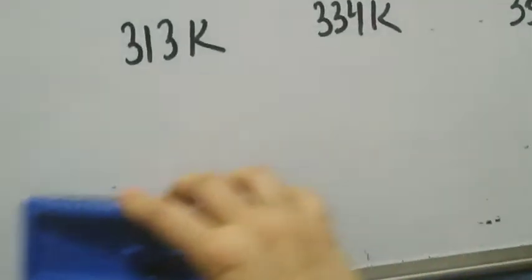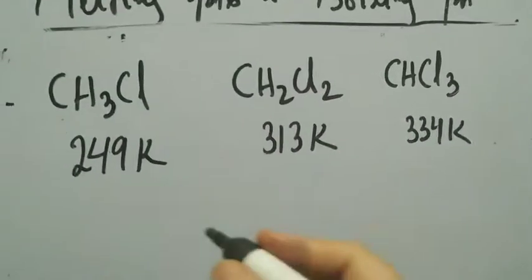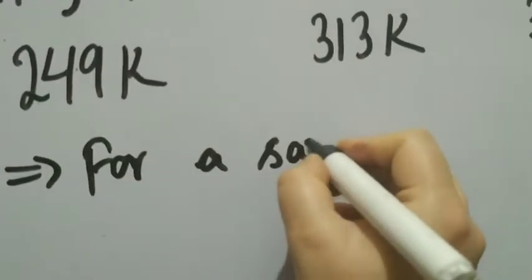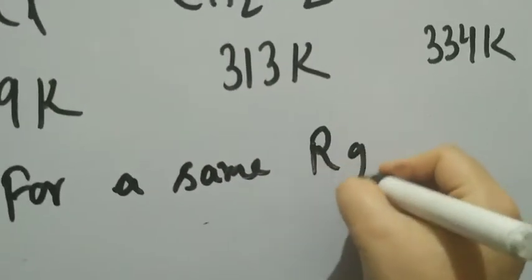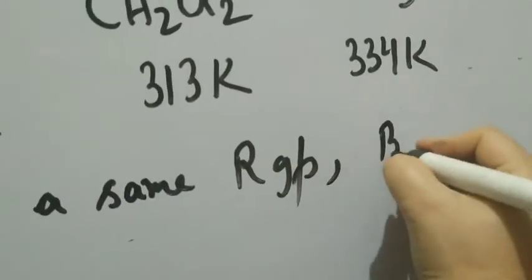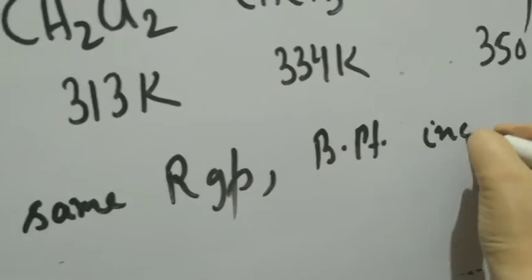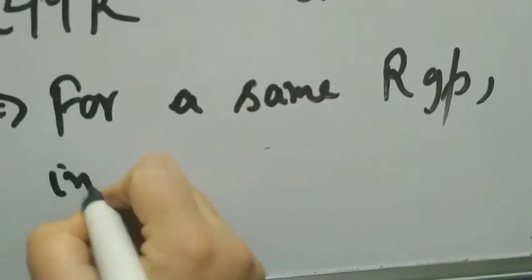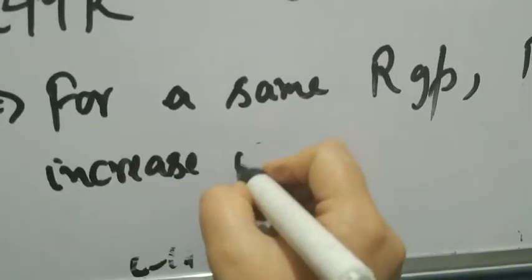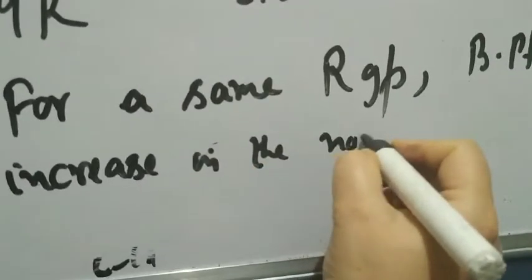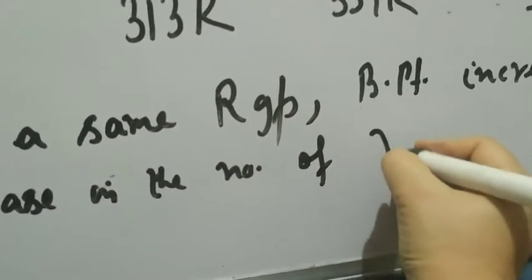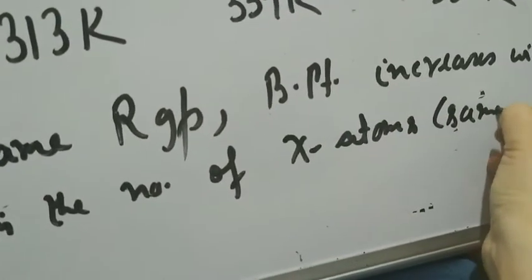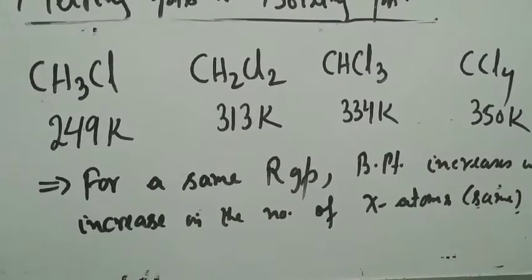Now if you have to draw a generalization, what will that generalization be? For the same R group, we are not changing R, the alkyl group is the same, boiling point increases with increase in the number of X atoms. Preferably those X atoms are also the same. We have taken chlorine in this example. Why?